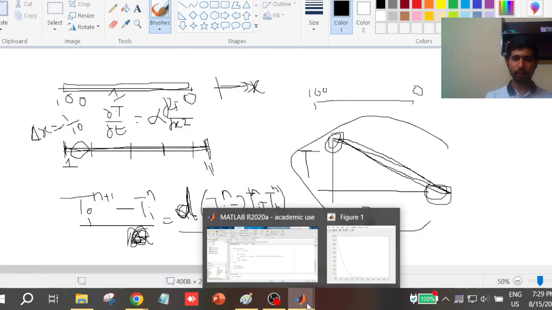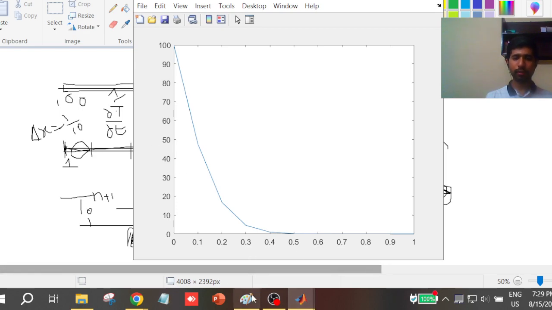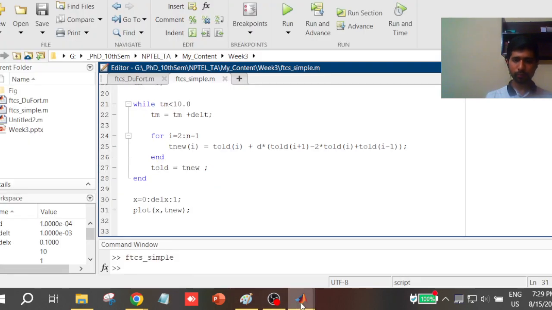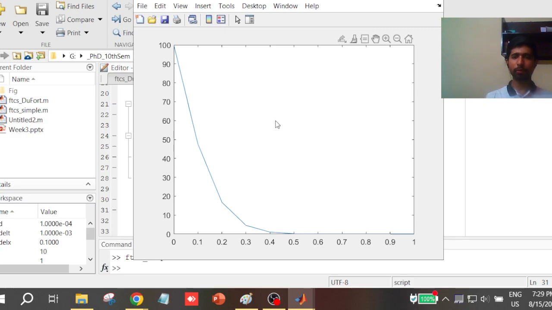Now if I see this result, it's not a straight line here. Why? Can you write down on the chat box what might be the reason why I am not getting a straight line? Just try to answer so that you will also learn something, and the course will be more interesting.